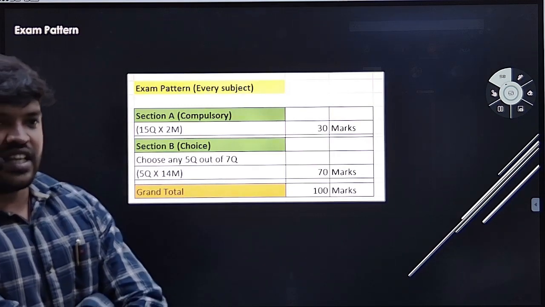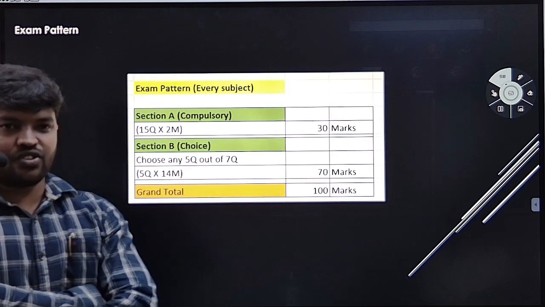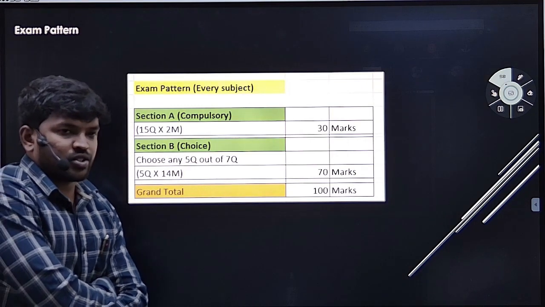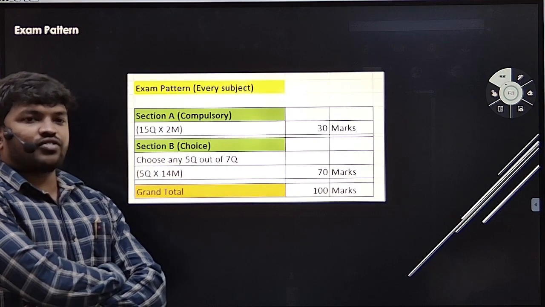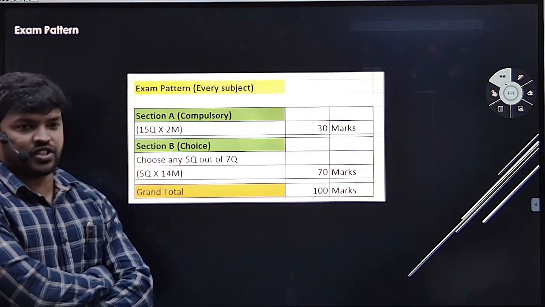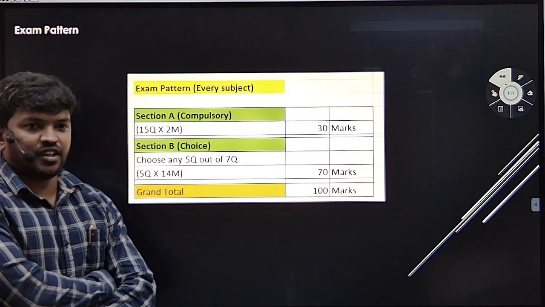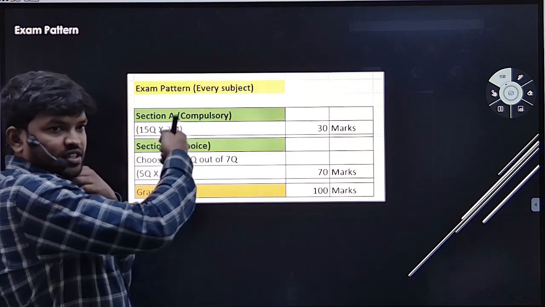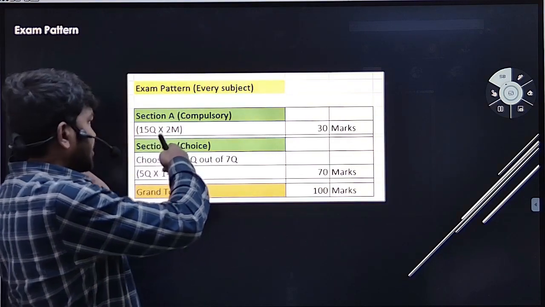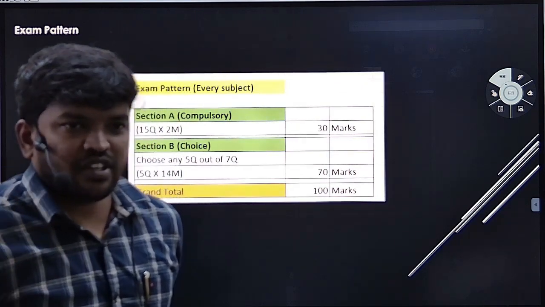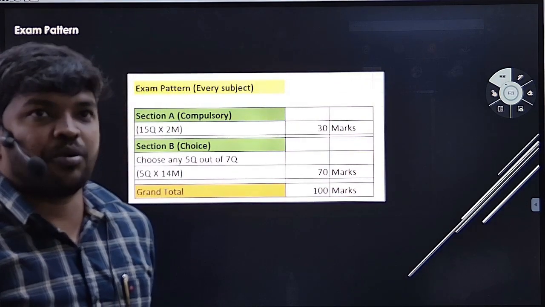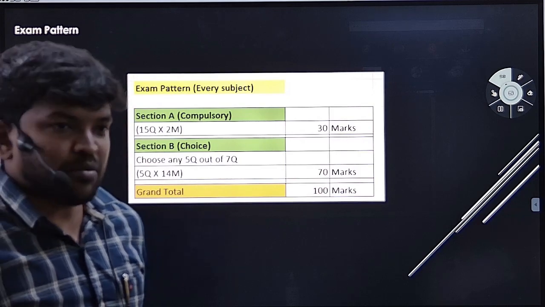Section B, you have choice. 5 out of 7, in the sense you have 2 choice questions. Section A is compulsory. It will be for 30 marks in total.